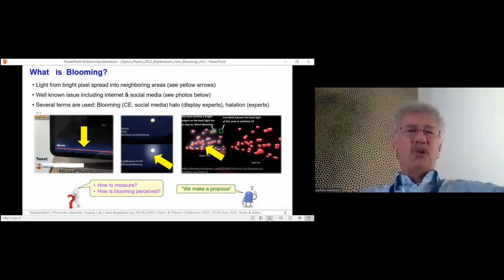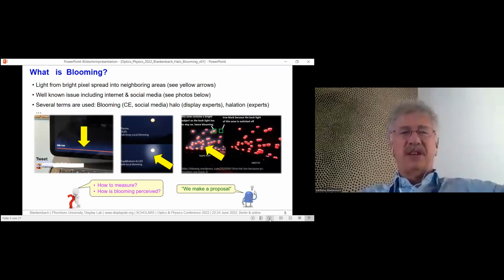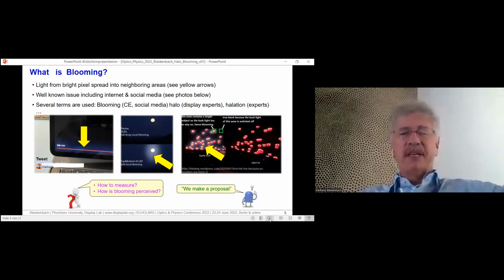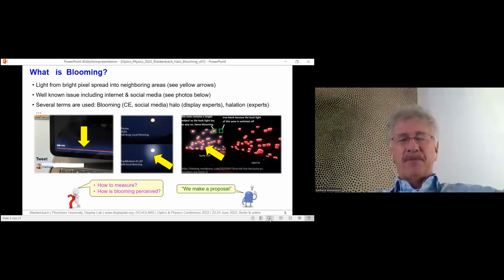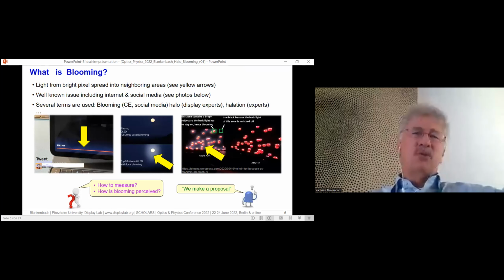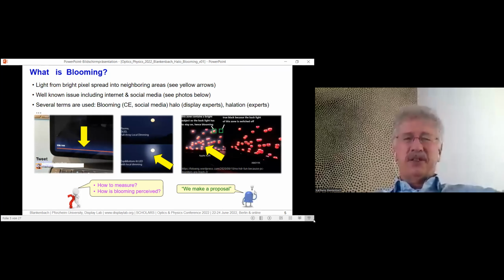If you Google for blooming or halo, you will find a lot of pictures, a lot of impacts and websites on all social media and the internet. However, we have to state that this blooming is always exaggerated, meaning you set your screen to full luminance or full brightness, in a dark room, and capture pictures.